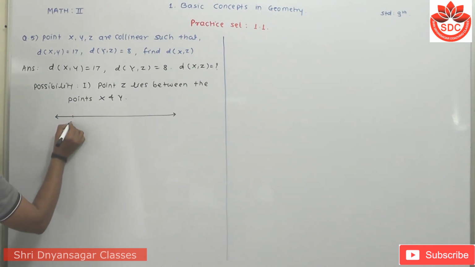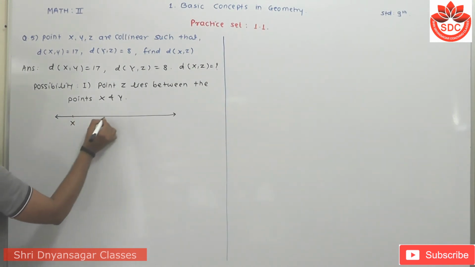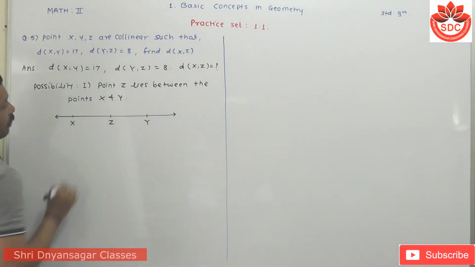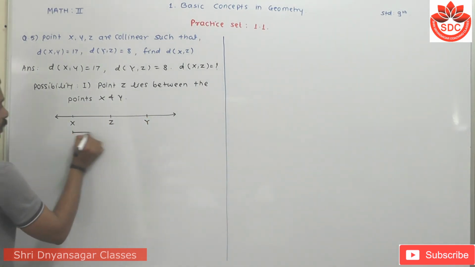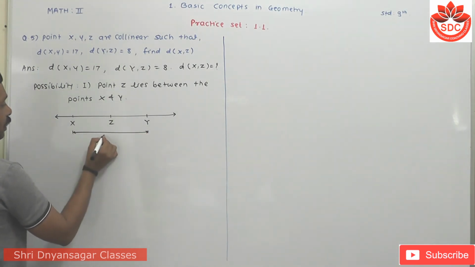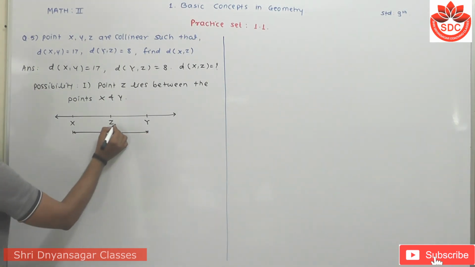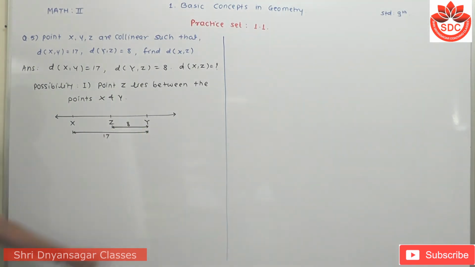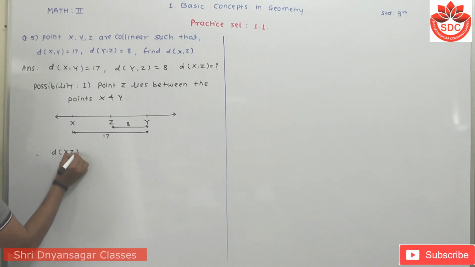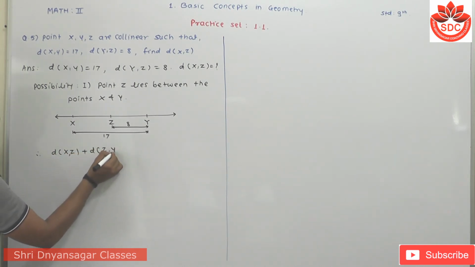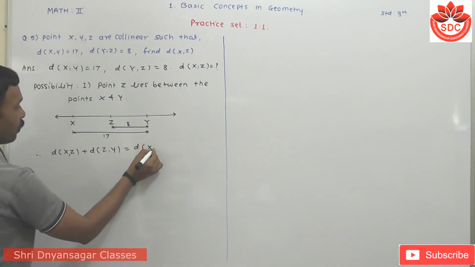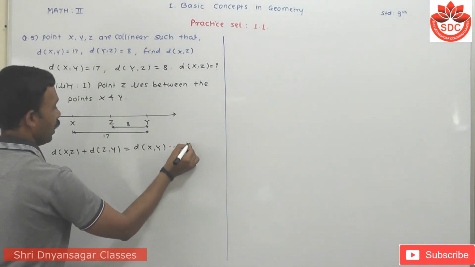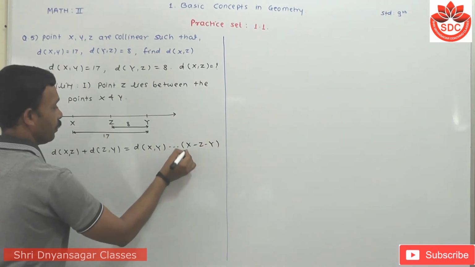Z is in between X and Y, meaning here is X, here is Z, and here is Y. The distance of XY is given, which is 17 units. The distance of YZ is also given, which is 8 units. We have to find the distance of XZ, so by using the in-betweenness property, the distance of XZ plus the distance of ZY is equal to the distance of XY, because X-Z-Y.